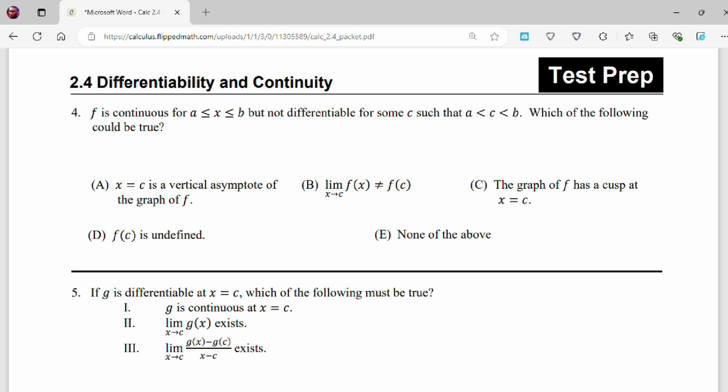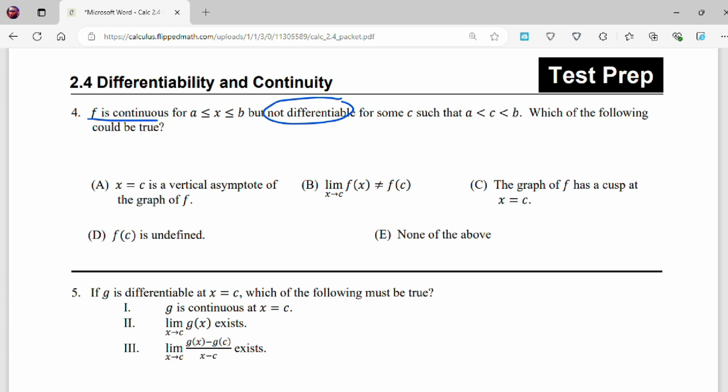Which of the following could be true? And so we know that f is continuous, but it's not differentiable. Okay, in these types of questions, it's best to try and eliminate answers. And so let's look at A.